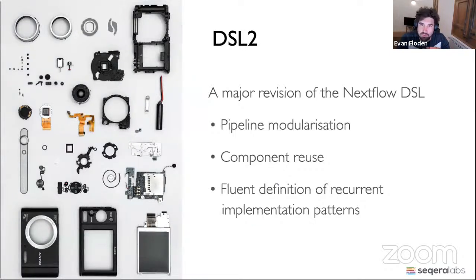It also allows us to break up the script. Typical Nextflow pipelines are one massive .nf file. If we're able to break that up, we can split the monolithic script into both reusable pieces and more manageable aspects of it.